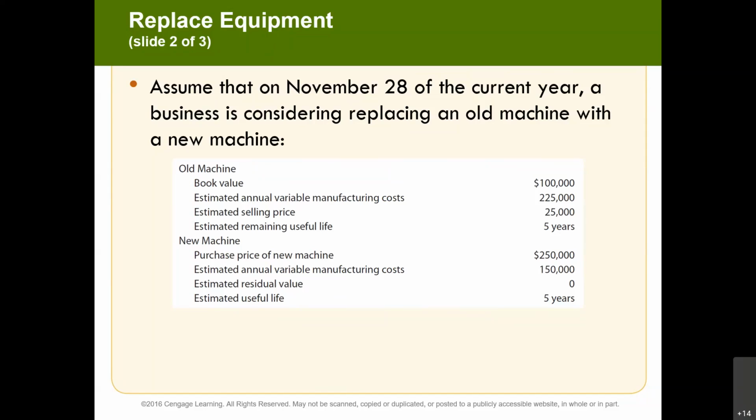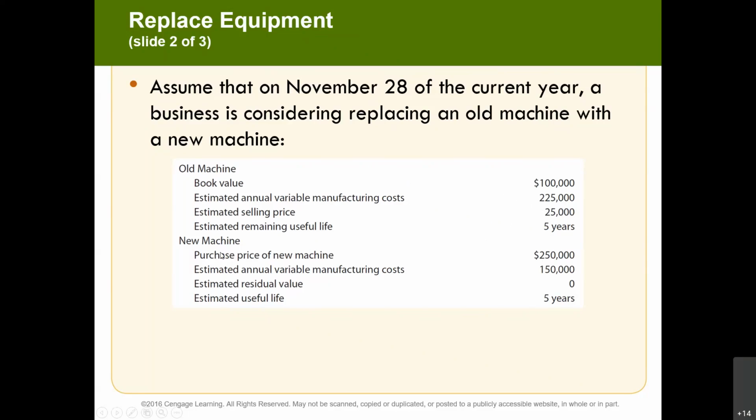So if we compare the two, the book value, if we purchase it, would be $250,000 instead of $100,000. The estimated variable manufacturing cost would be decreased if we purchase a new one by $75,000.